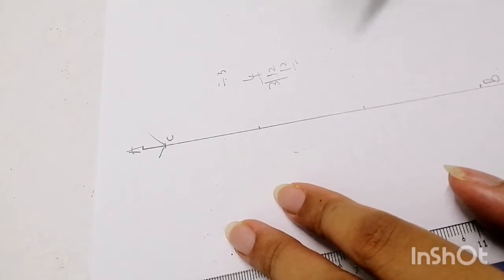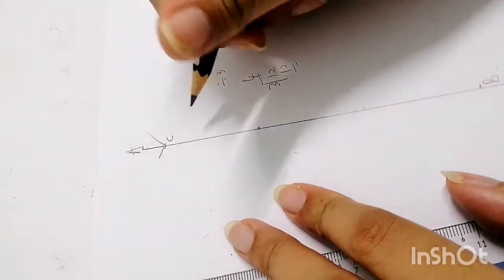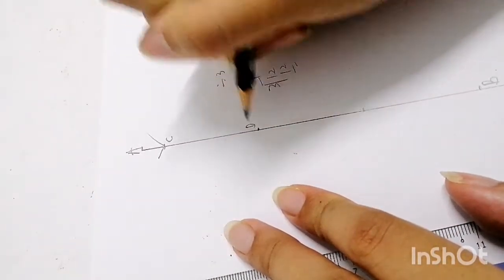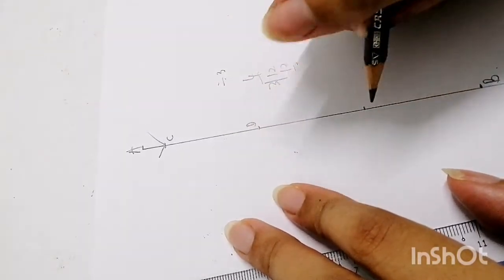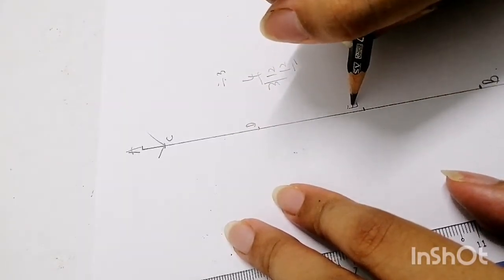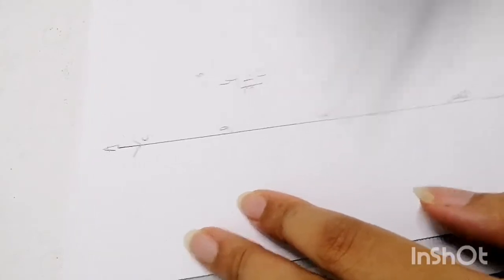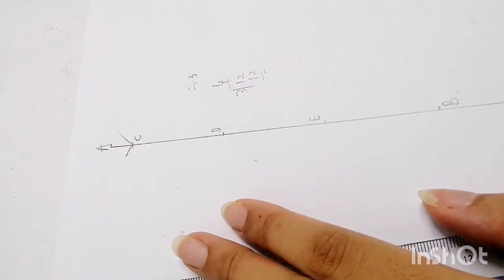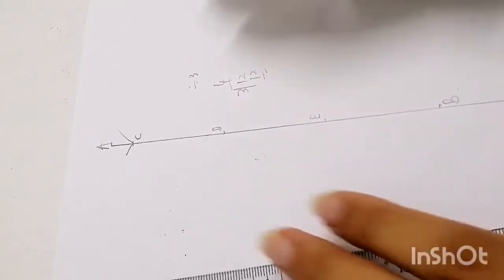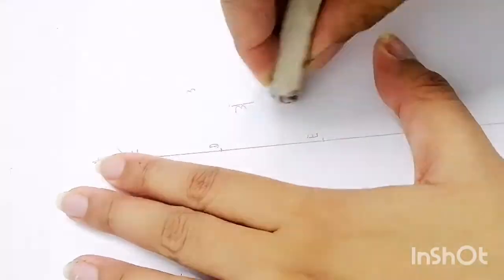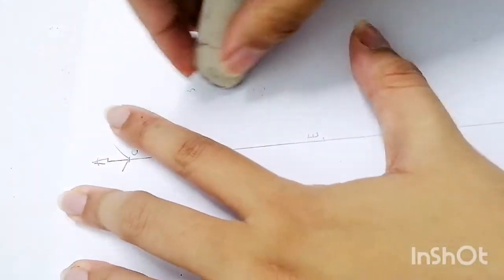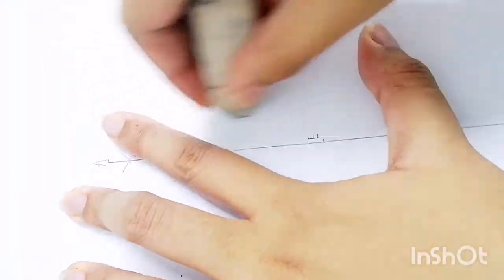I'm going to place this as point D, donkey, and this as point E, elephant. So far clear? If clear, I'm going to erase this calculation off so that we can continue with our drawing.